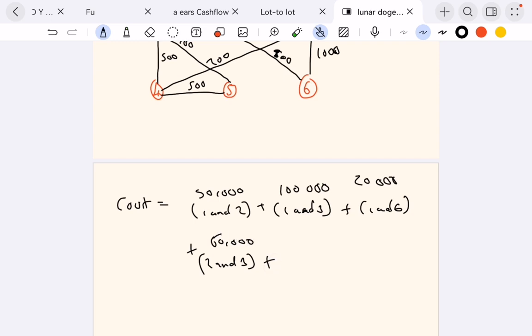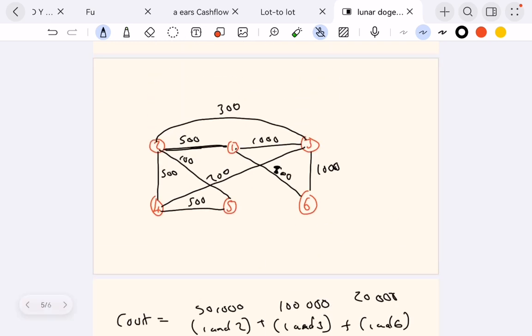Plus we have 2 and 4. 2 and 4 is how much? 2 and 4 here, 500. You're not crossing any department. So 500 times 100, we have 50,000.